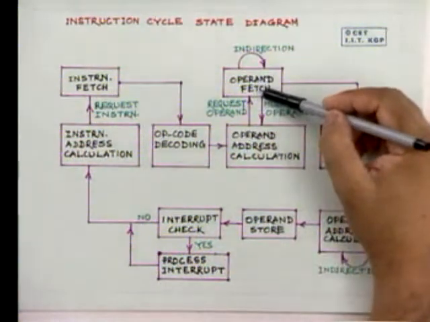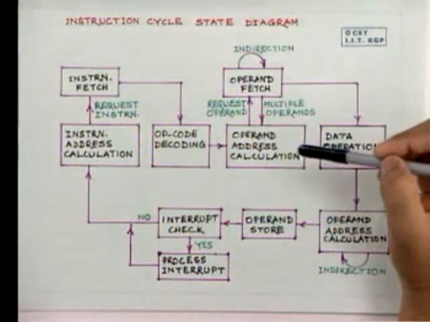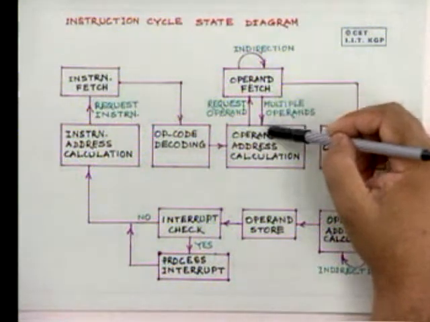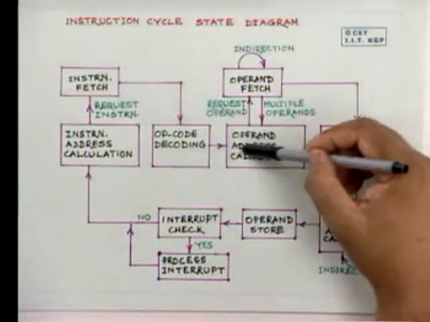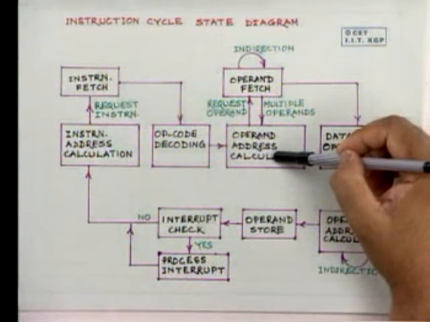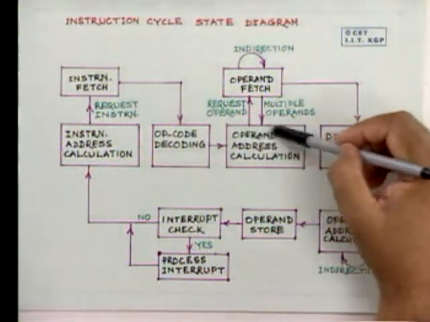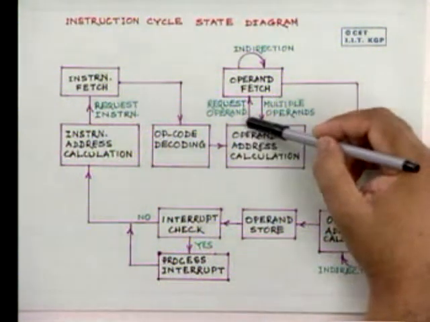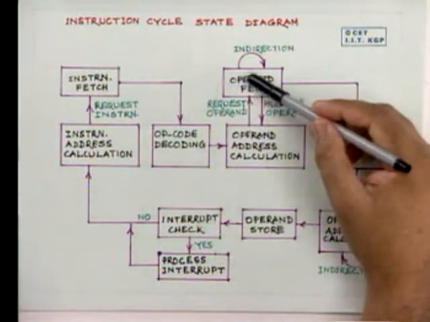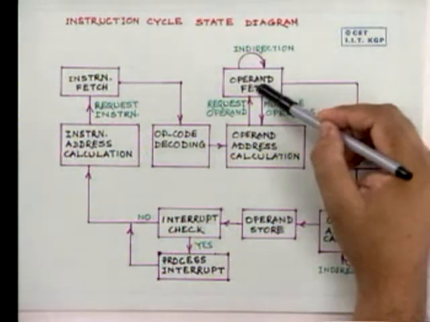Now there can be multiple operands here. In the case of multiple operands, the operand address calculation should be done once more, and the request for the operand should be sent to the operand fetch once more.